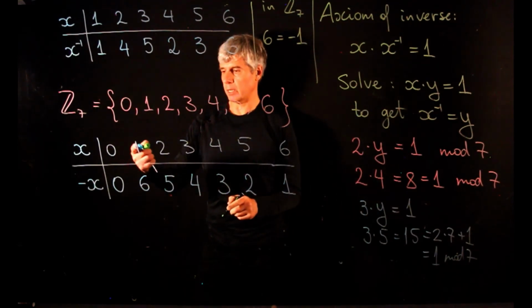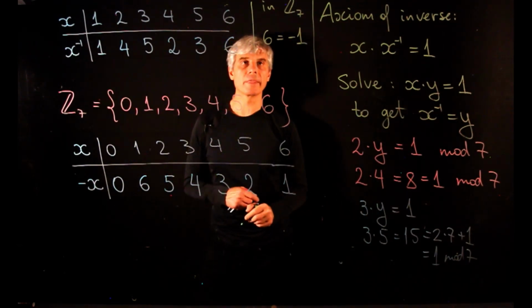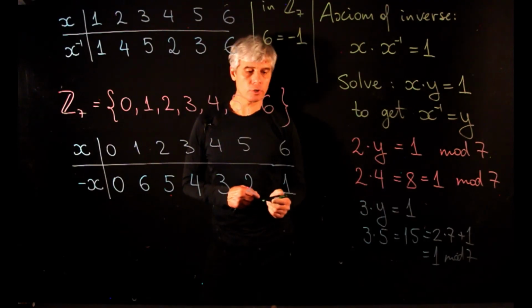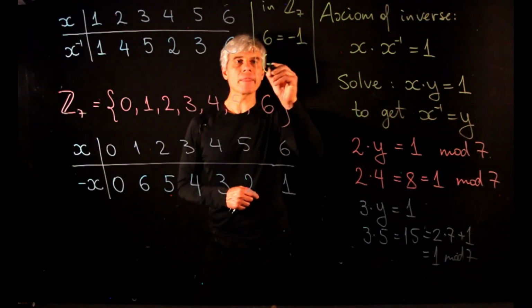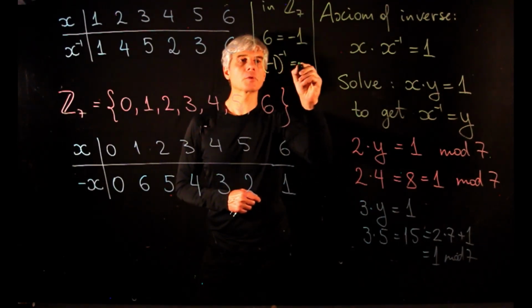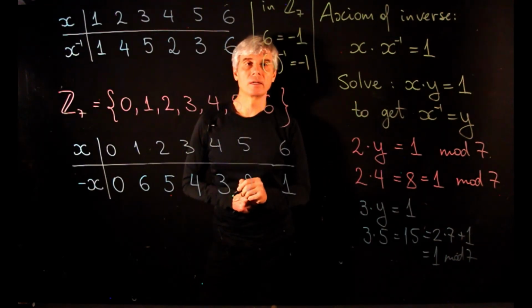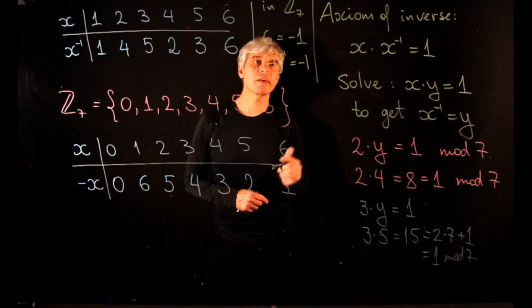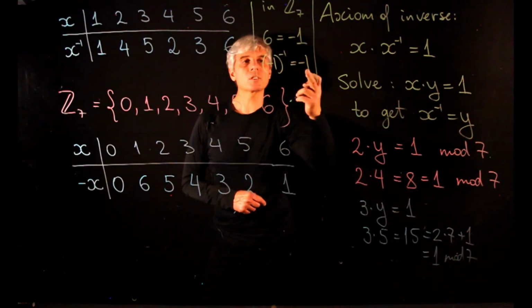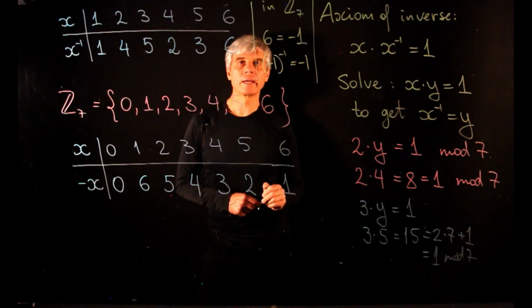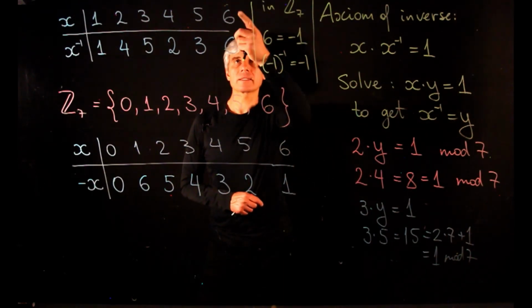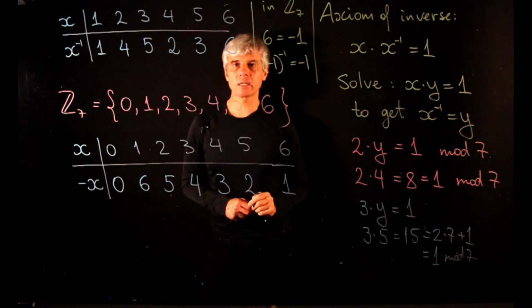And in integers, the inverse of negative 1 is equal to negative 1. So this tells us that in Z7, this property also holds. And so 6 inverse is equal to 6.